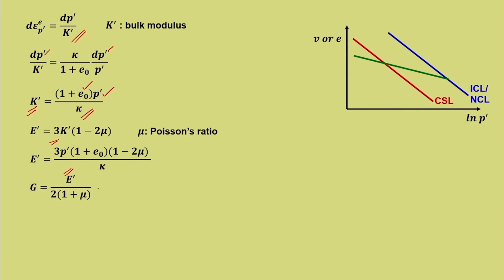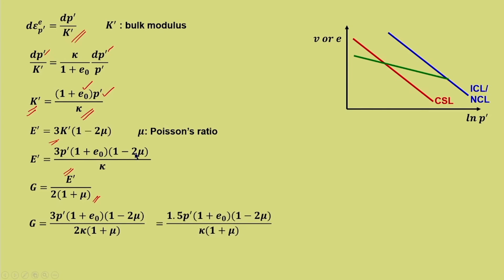And G, we know, is E dash upon 2 into 1 plus mu. Substituting the value of E dash, it is 3 p dash 1 plus e naught 1 minus 2 mu upon 2 kappa into 1 plus mu, which can be written as 1.5 p dash 1 plus e naught 1 minus 2 mu upon kappa 1 plus mu.